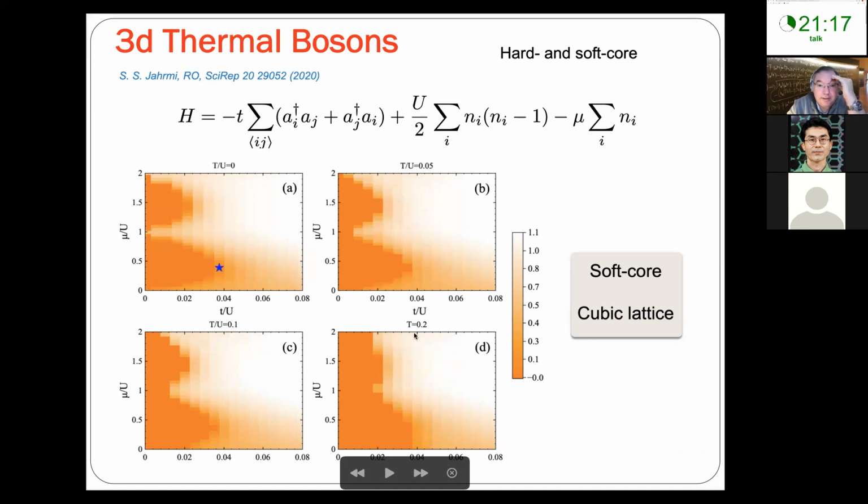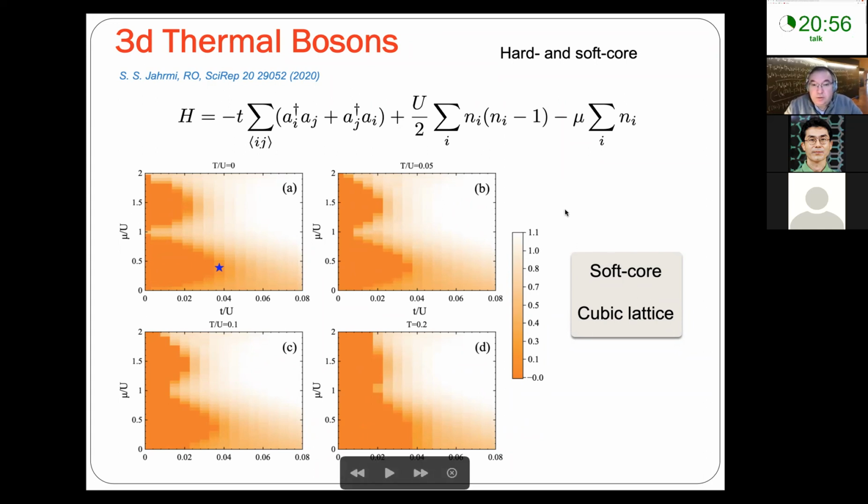Again, this is melting. At temperature 0.2, this is completely melted. So this is a calculation that we are able to do with our algorithm. We are able to see how the effect of the temperature is to melt the 2 lobes in the Bose-Hubbard model in the cubic lattice.